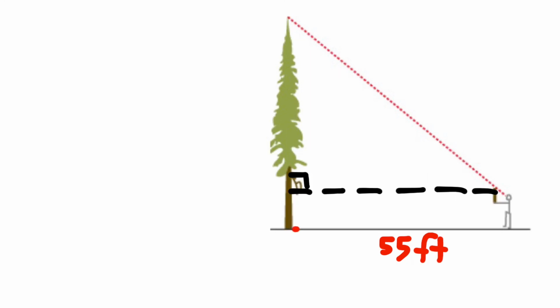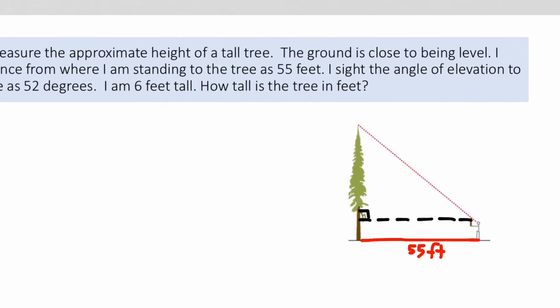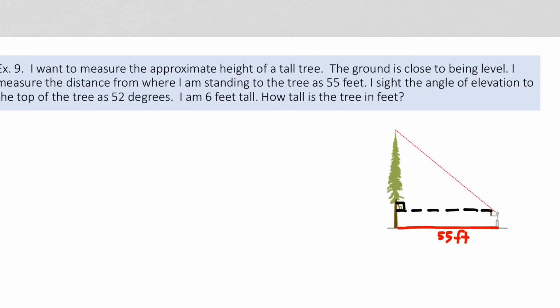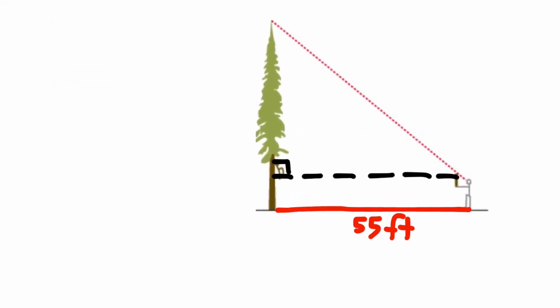So that's this dimension here to the person, the same as that dotted line. Those are both 55 feet. Now it did give an angle. It said it was 52 degrees angle of elevation to the top of the tree. So 52 degrees actually here, angle of elevation.